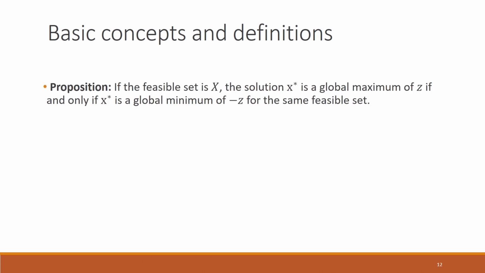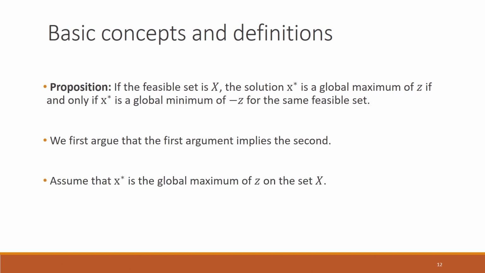Now, let us discuss some important propositions here. So, if the feasible set is capital X, the solution x star is a global maximum of z if and only if x star is a global minimum of minus z for the same feasible set. Since there is an if and only if condition here, let us prove this proposition from both the directions. We first argue that the first statement implies the second.